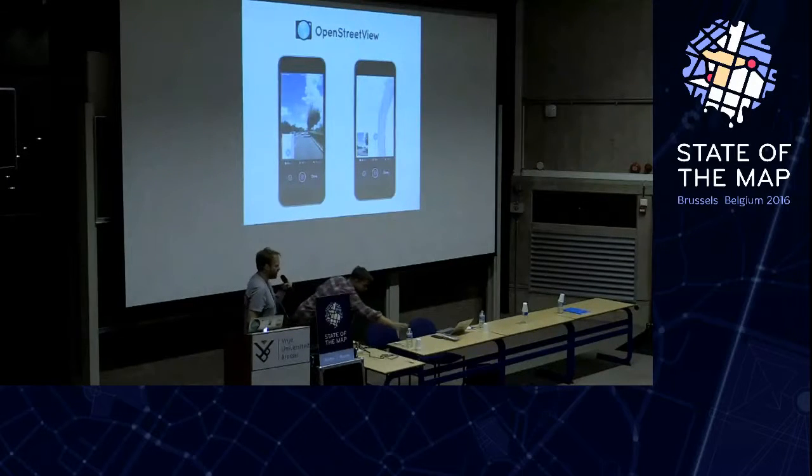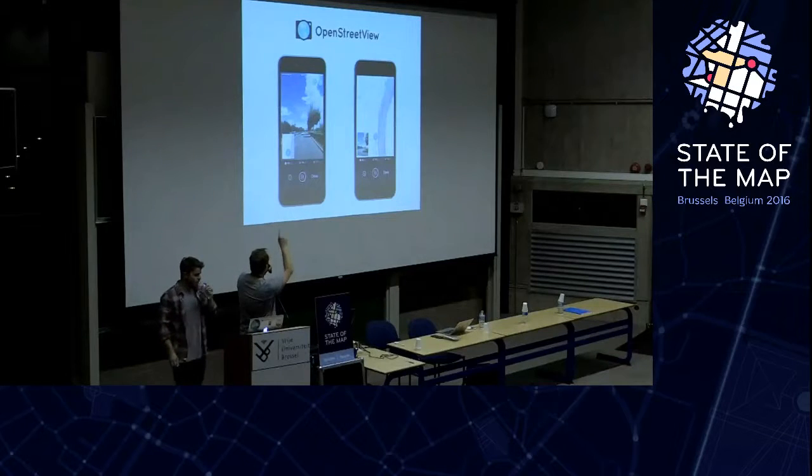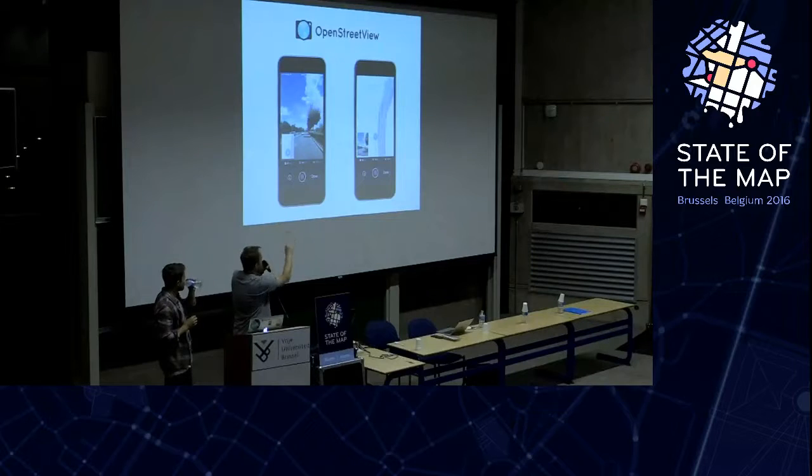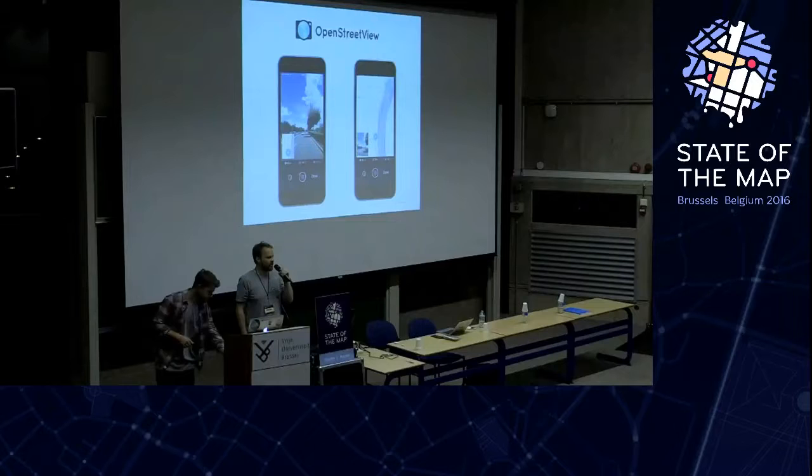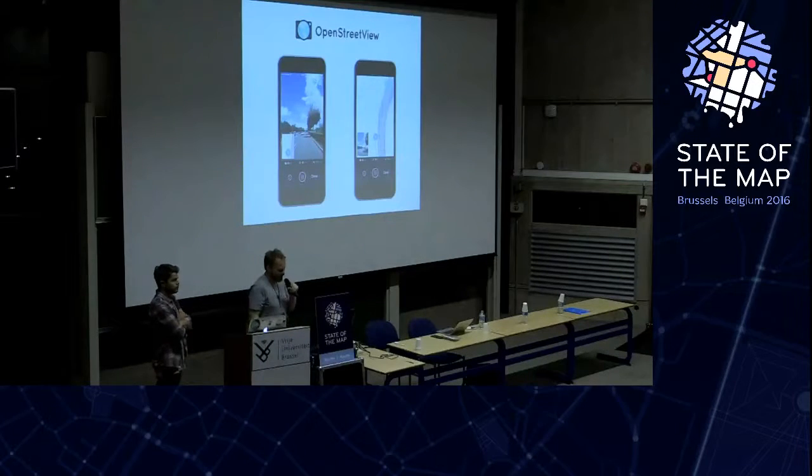So this is the recording stuff. You can switch between the camera view as the main view and the map view as the main view. Actually, what's not shown here and what we have since implemented, if you have the map view, you can also see where we already have coverage. So if you want to take a left into a street where there's no coverage yet, you can do that pretty easily by looking at the map.